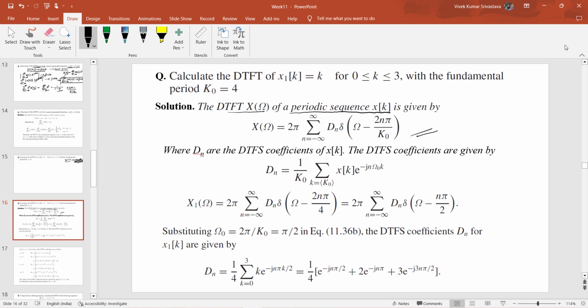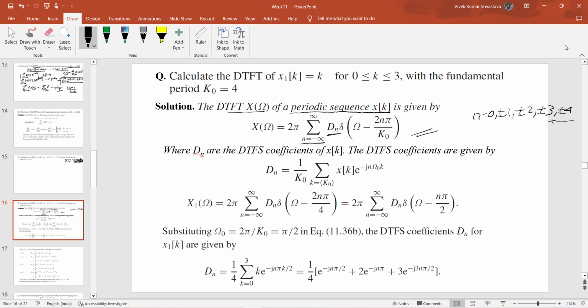Here you can see that the discrete time Fourier transform we have to evaluate for n varies from minus infinity to infinity. It means that the discrete time Fourier series coefficient, that is dn, we have to evaluate for n equal to 0, plus minus 1, plus minus 2, plus minus 3, plus minus 4 and so on.